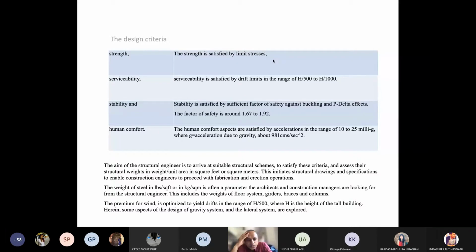As long as it is in the range of H by 500, that means if the building is 100 meters tall, a sway of about 200 millimeters, or 8 inches, is considered within safe limits. Which means that by the time your lift goes to the topmost floor, the lift shaft has swayed by about 8 inches.